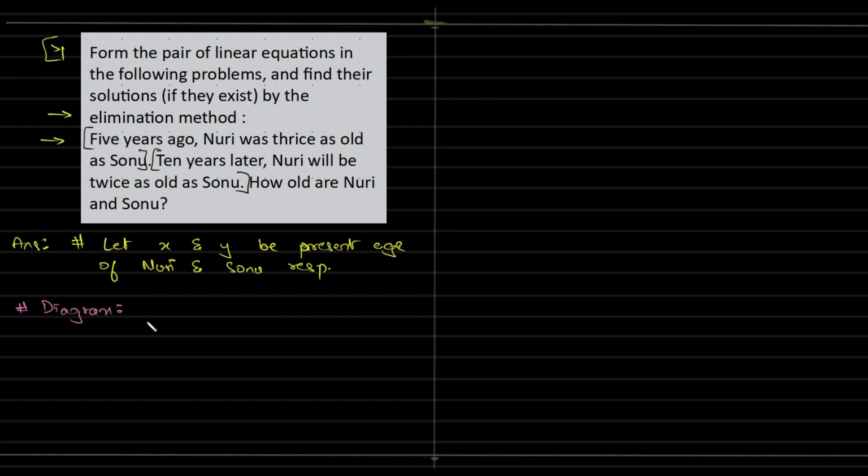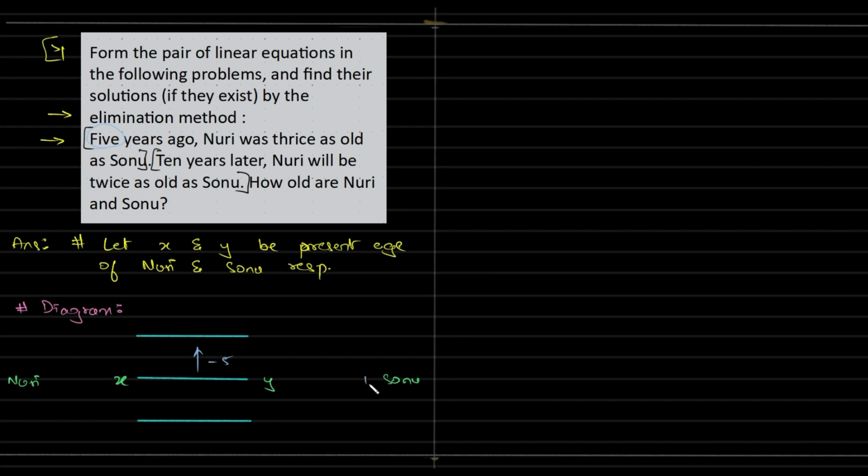So we are looking at present age, past, and the future. The present age of Neeru and Sonu is x and y. The past: how far back are we talking about? 5 years, so minus 5.